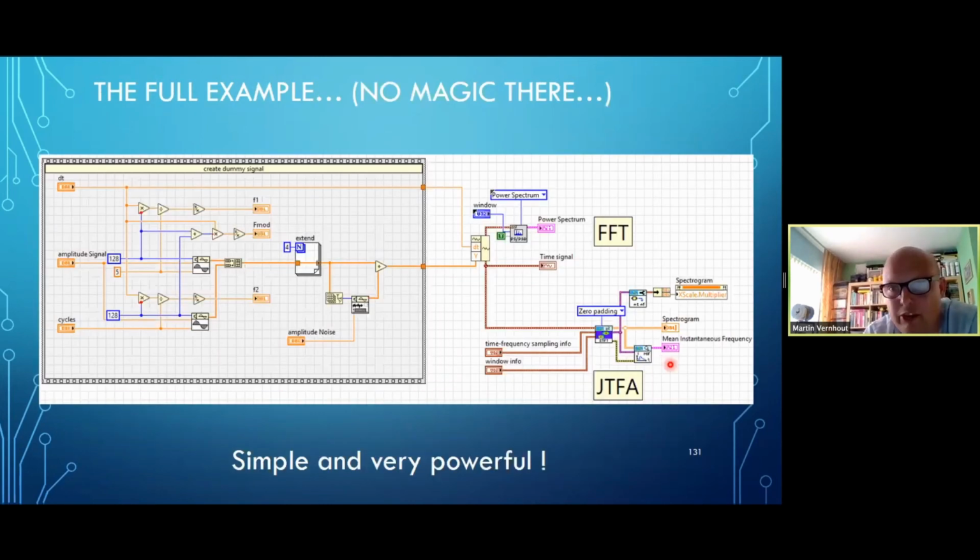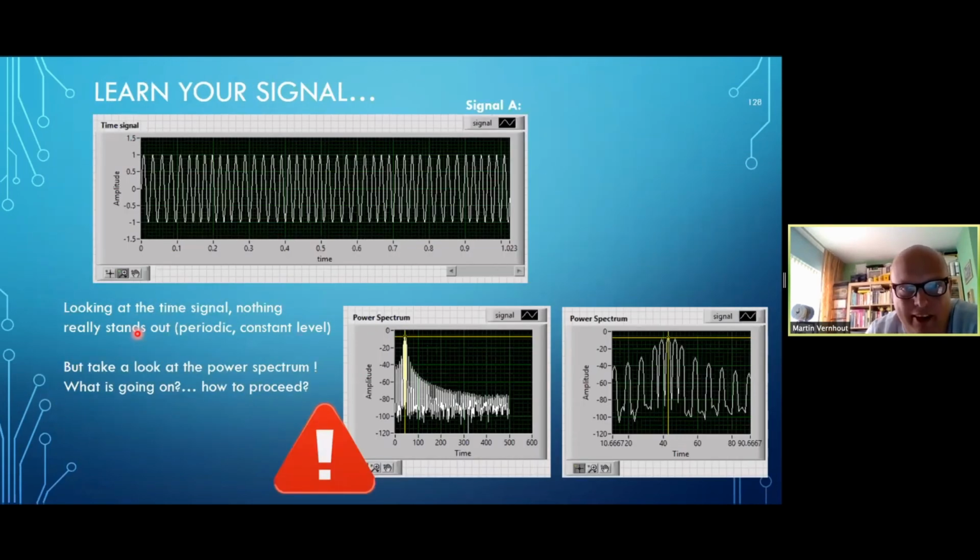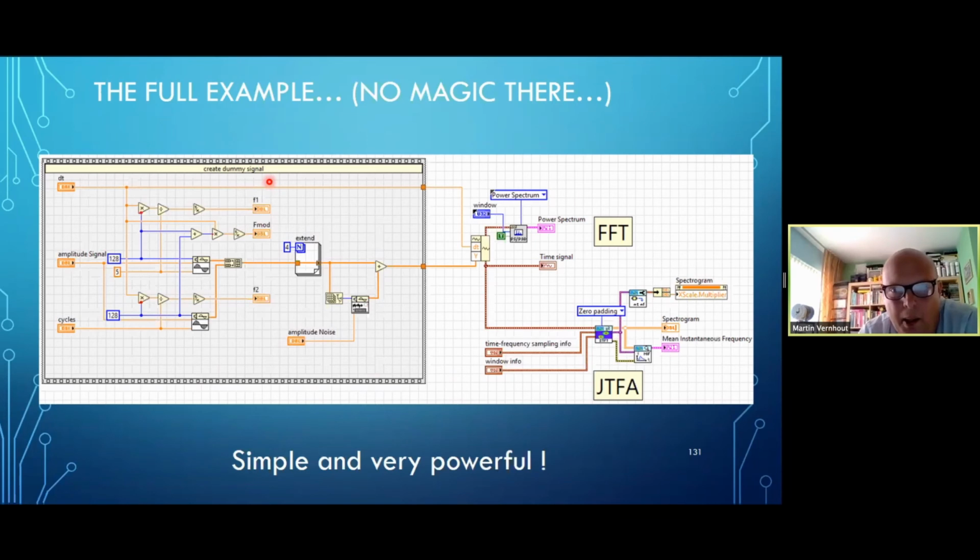The full example is just creating two sine waves of slightly different number of cycles in a block. Therefore, if you know that it exists, you can see that the frequency over here is slightly higher than over there. Well, that's hindsight. We calculate the FFT, which gives rubbish.